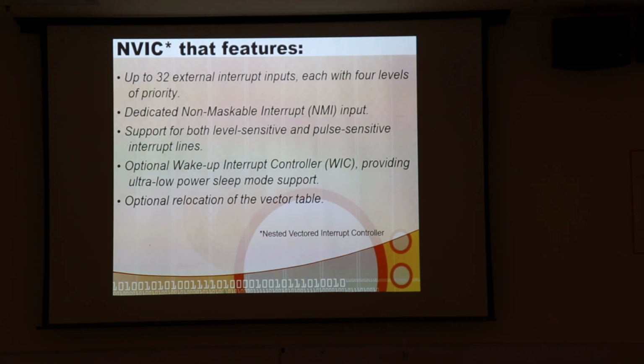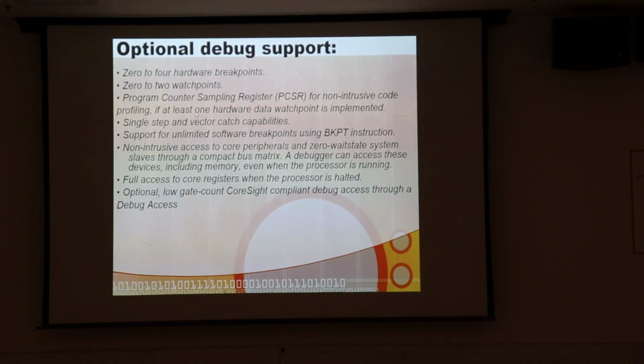But if you write a routine with that same name, then your routine will be substituted for the weak alias in the interrupt table, and then it will call your routine instead of the dummy routine. So that's the vector. There's a vector in a table that points to the specific interrupt for each specific interrupt cause. So that's the nested and the vector part of the NVIC.